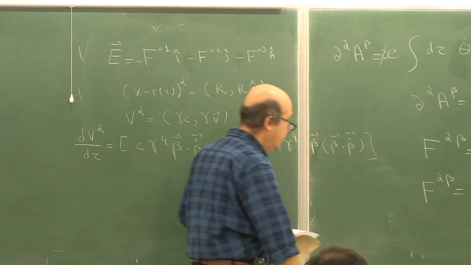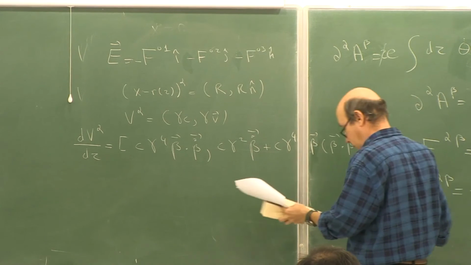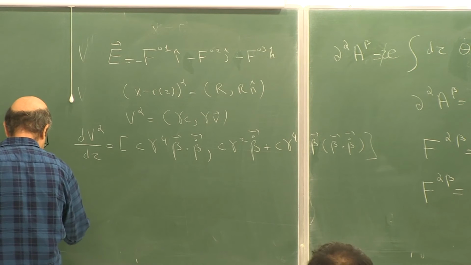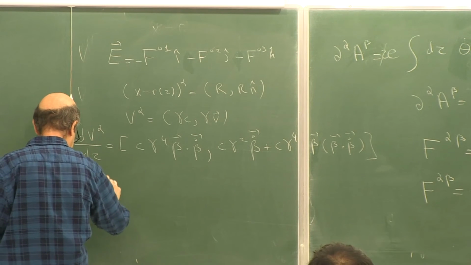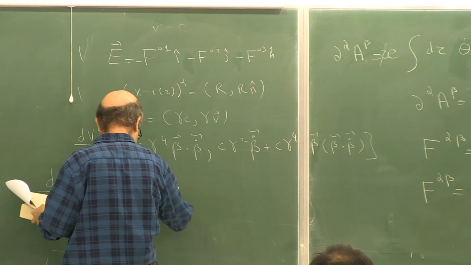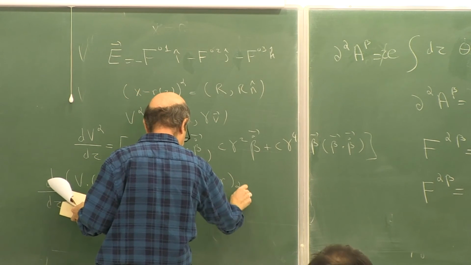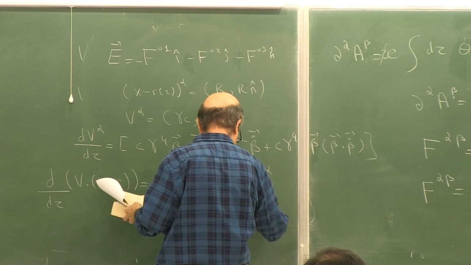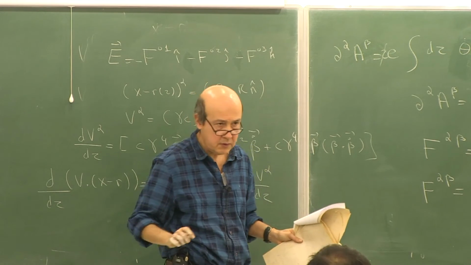So you will need a derivative of this, that, and the derivative of the other one. The derivative of the scalar product v dot x minus r is minus c square x minus r of alpha dv alpha over d tau. This is messy, so you don't have to work on it. Okay, I will just give you the result.